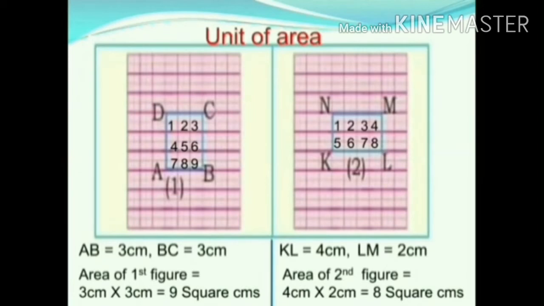By using the measurement of these two sides, find the area of the second figure. Area of second figure is 4 centimeter multiplied by 2 centimeter equals 8 square centimeter. The first figure has occupied more space than the second one. So the first figure is bigger than the second figure.